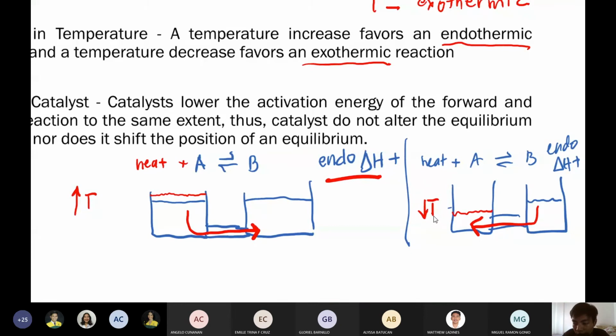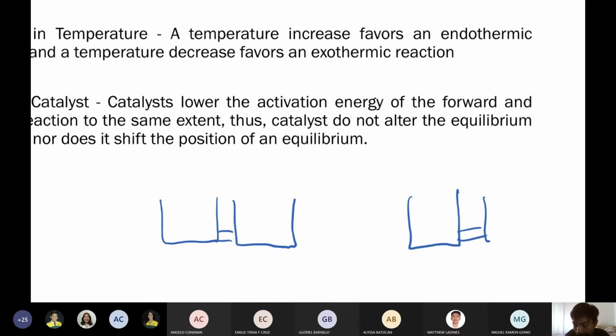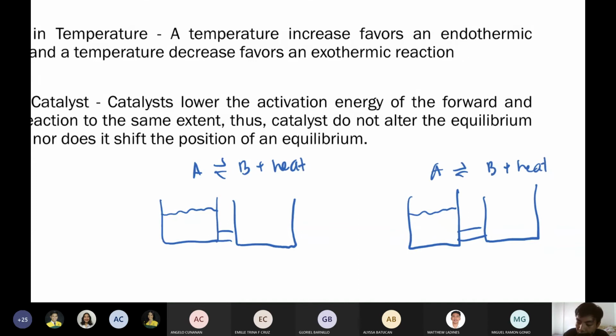Oh, how about exothermic? We can also use the same analogy for an exothermic reaction. So, for an exothermic reaction, remember in endo the heat is a reactant, in exothermic the heat is a product. So our equilibrium system releases it. That is exothermic, or delta H is negative.